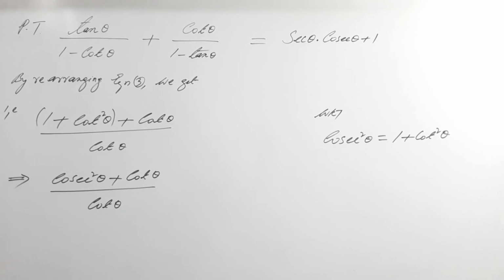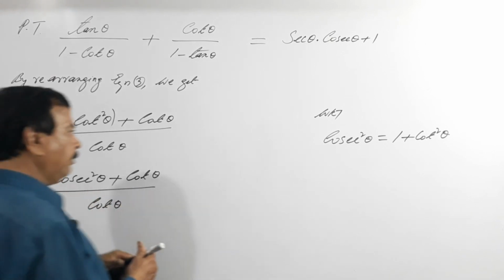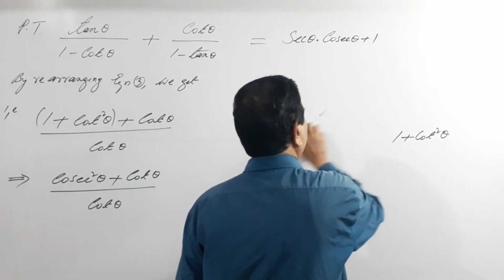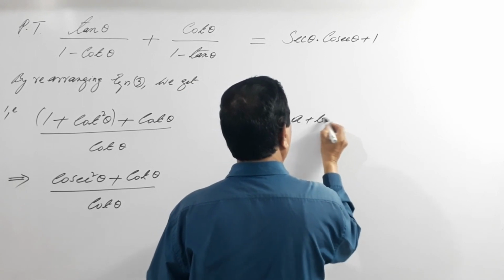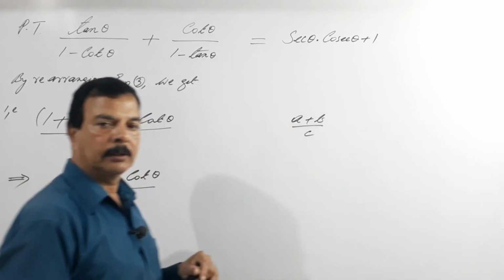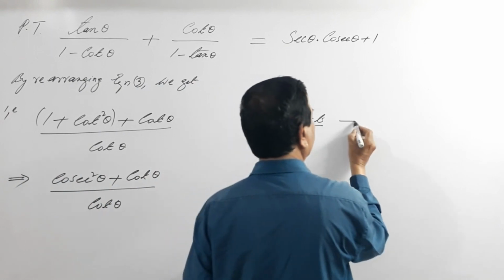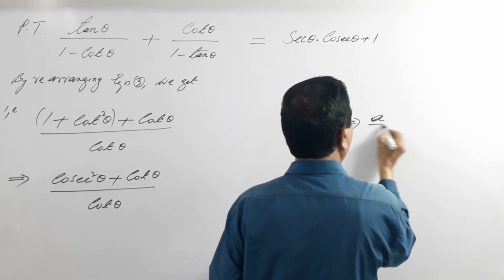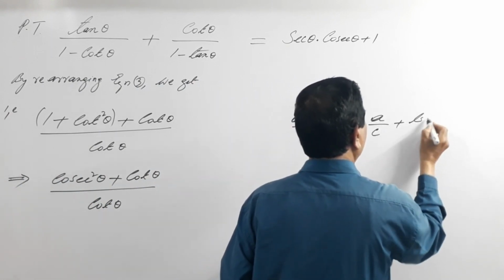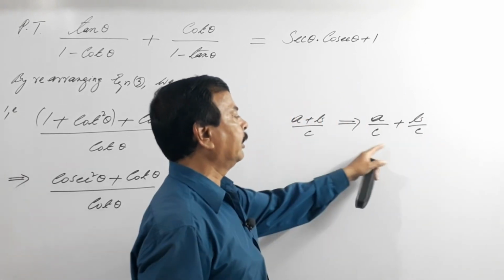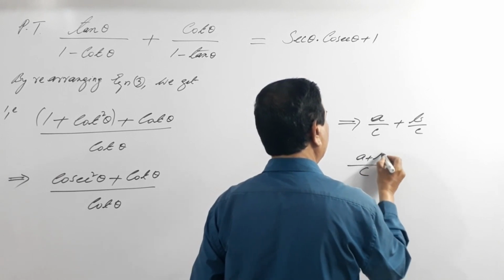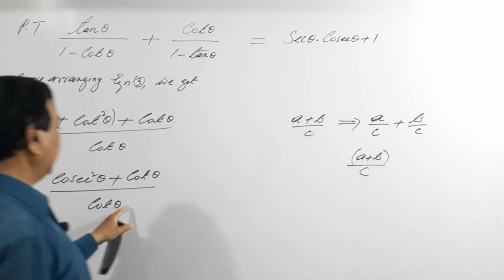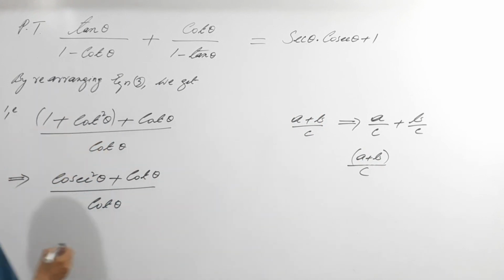Done. So I'll split this now because we have A plus B by C. Can I write like this? This is nothing but A by C plus B by C. If you take LCM, again you get A plus B by C. So likewise, I'll split this.